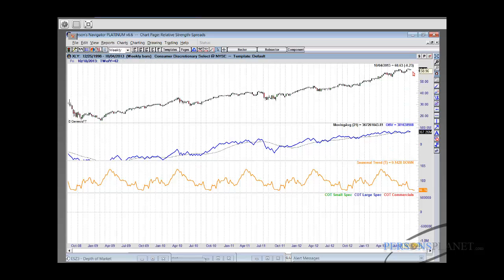So if we get a correction in the XLY, or if we see that market just grinding sideways, we've got holiday shoppers coming up. And here's another one of my theories, by the way. As we start to see the employment numbers improve, it's not just men going back to work, it's also professional women going back to work.